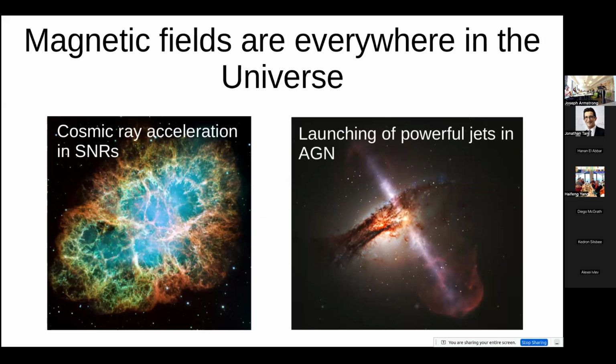If you go to the other end of scales, looking at the environments around supermassive black holes, we know that magnetic fields help to remove angular momentum from the system, allow gas to collapse into the black hole, and they shoot these powerful jets that move material way far away from the centers of galaxies, right? So thankfully we have magnetic fields to look at these wonderful systems and learn about the physics.